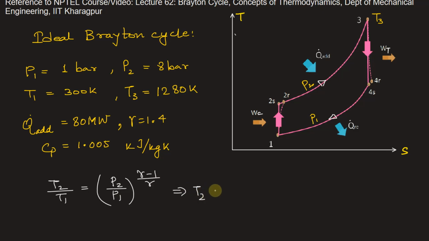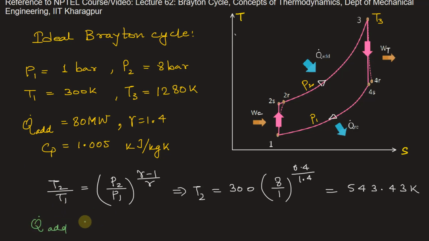T2 will be equal to T1, that is 300 Kelvin, multiplied by P2 by P1, which is 8 by 1, to the power of 1.4 minus 1, that is 0.4, divided by 1.4. So from here, T2 will be equal to 543.43 Kelvin.